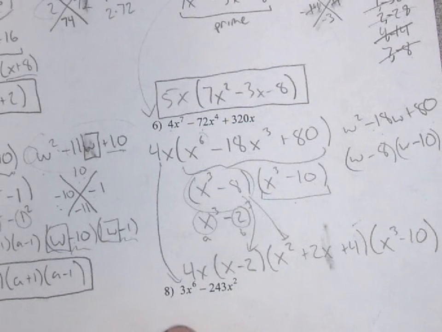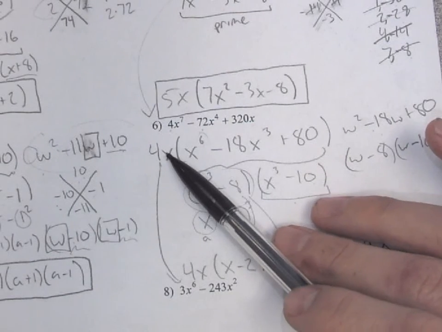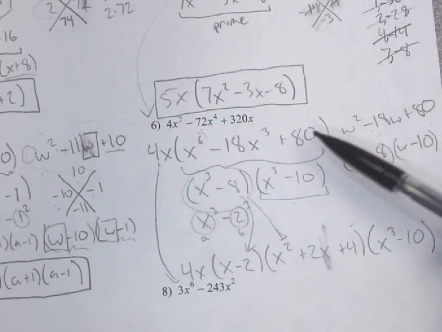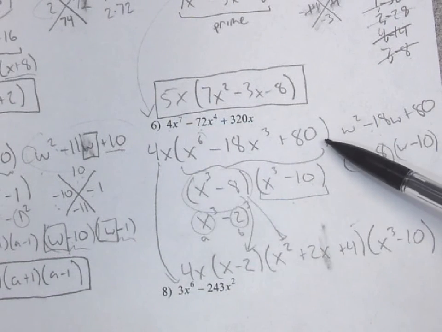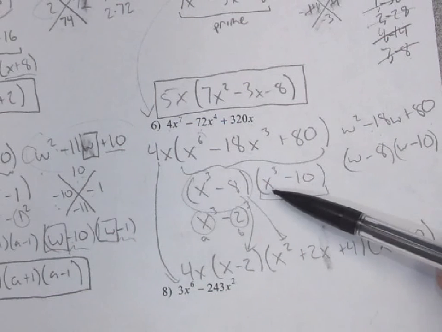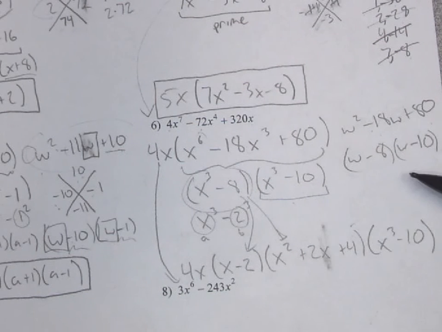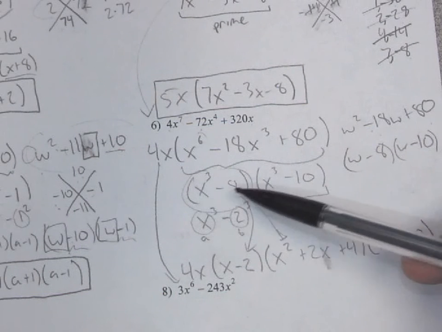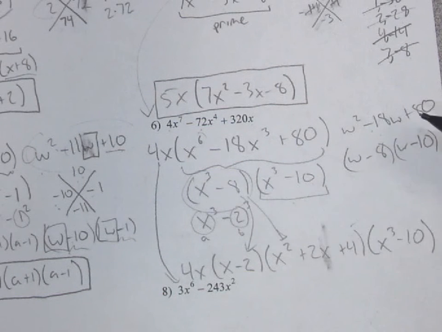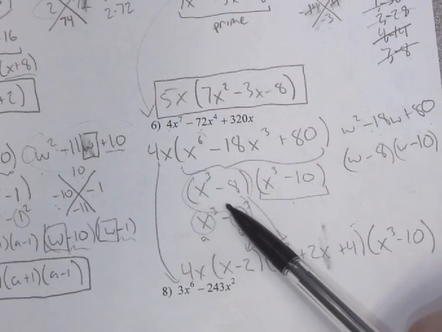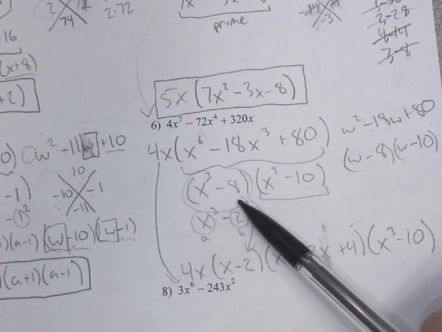Okay, so step 1, greatest common factor, pull it out, check. Step 2, we're left with a trinomial. It's a quadratic in nature, so let's factor that the way we factor a quadratic in nature. Very similar to a regular quadratic, we just have to make sure we have higher powers up here. Step 3, go back and check for anything that's factorable even more. And this guy is a difference of cubes, so we have to keep factoring that guy.